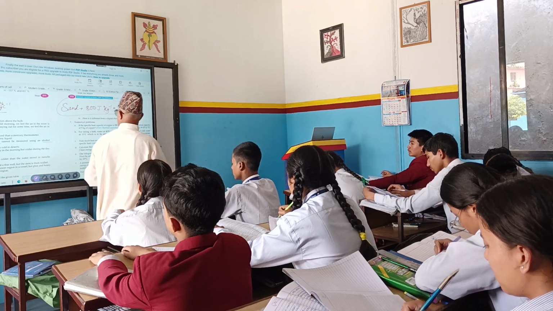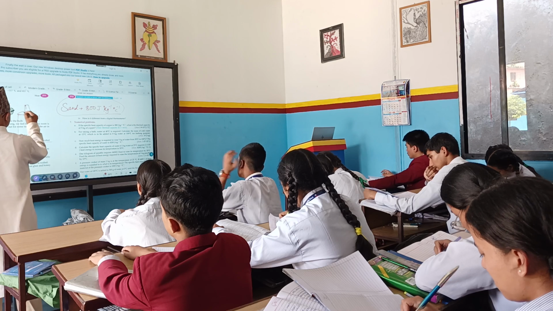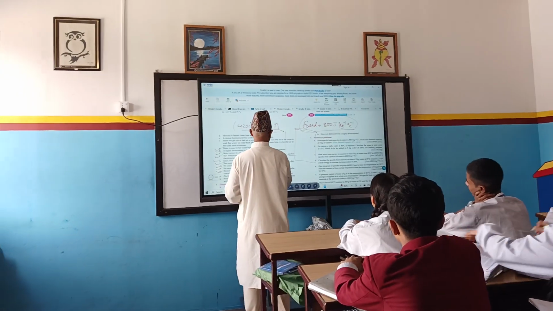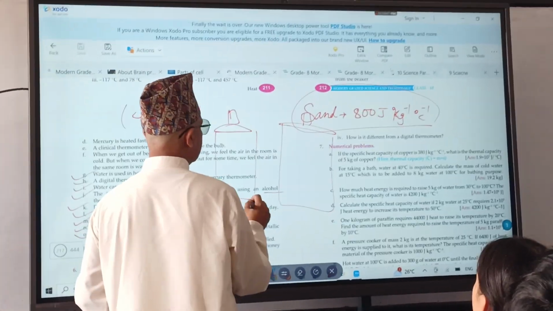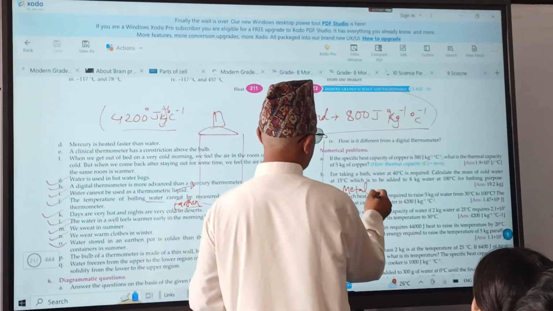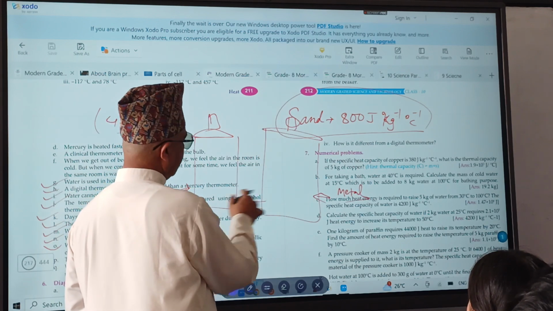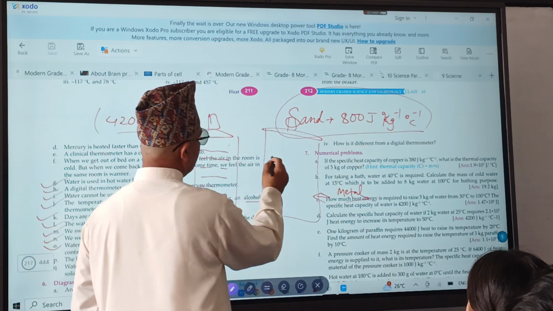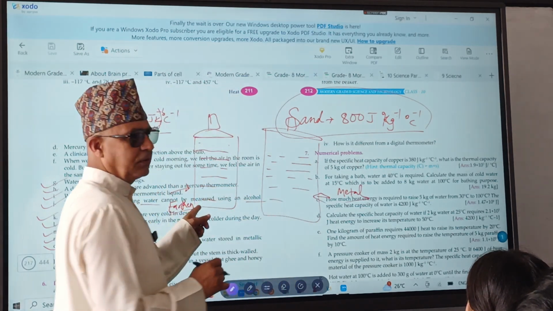Suppose there are two vessels. One pot is made up of earthen, that is, soil or mud, and another is made up of metal. Water is kept in both. Is it a good conductor or a bad conductor?